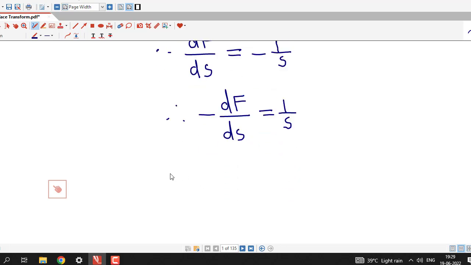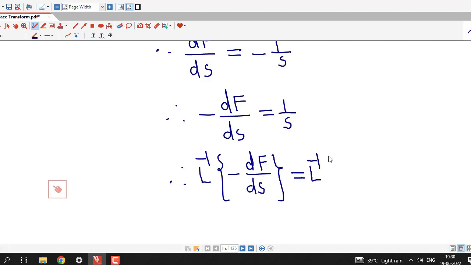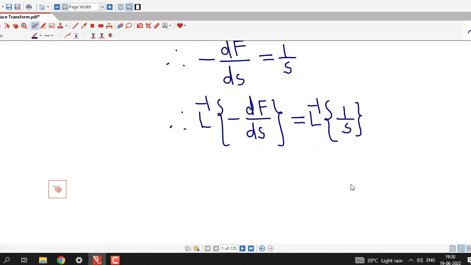So we multiply both sides by minus one, and here we have minus dF by ds equal to 1 by s. Now we take the inverse Laplace transform on both sides, therefore L inverse of minus dF by ds is equal to L inverse of 1 by s, and as we have discussed, this is going to be t into f of t, because the Laplace transform of t into f of t is minus dF by ds.